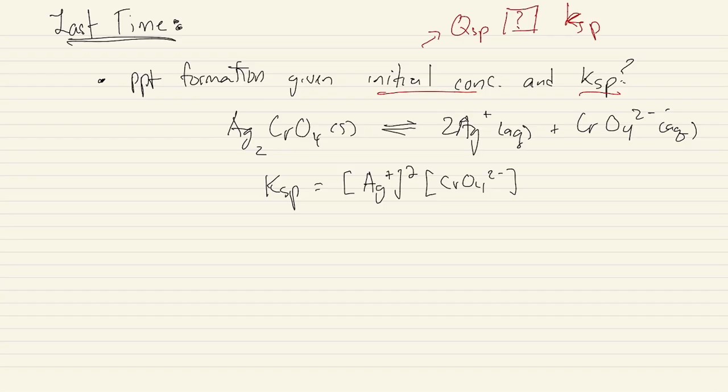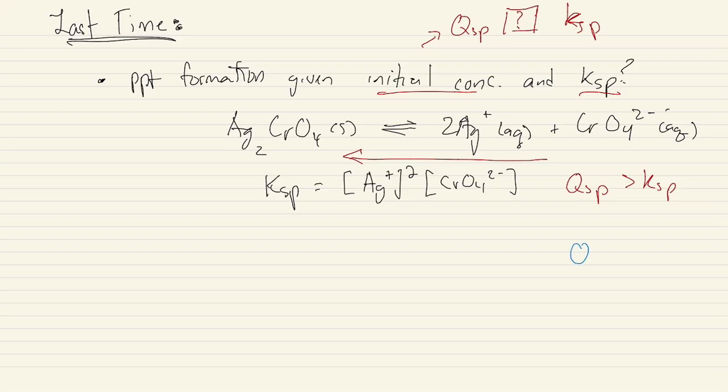Because it's saying the concentration of these two is too large for the equilibrium value. The reaction needs to shift left in that case, right? So if QSP is greater than KSP, the reaction shifts left because the solubility product, which is the product of the two aqueous ions, is too large. So we need to get rid of some of those ions. How do we do that? By causing the precipitate to form.